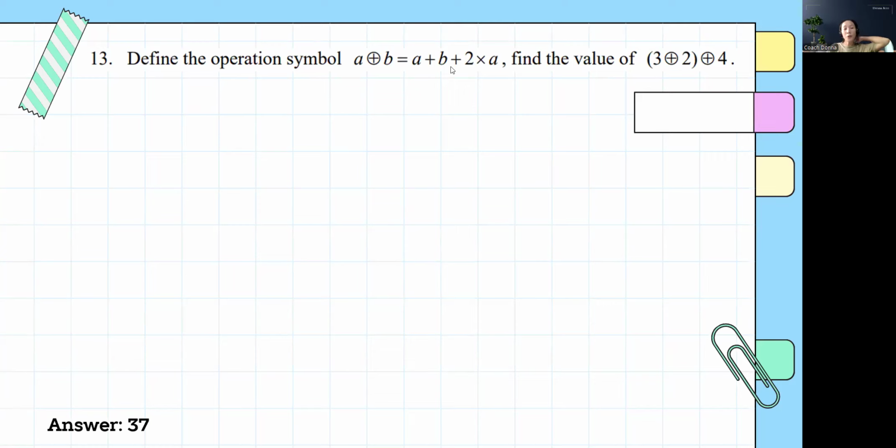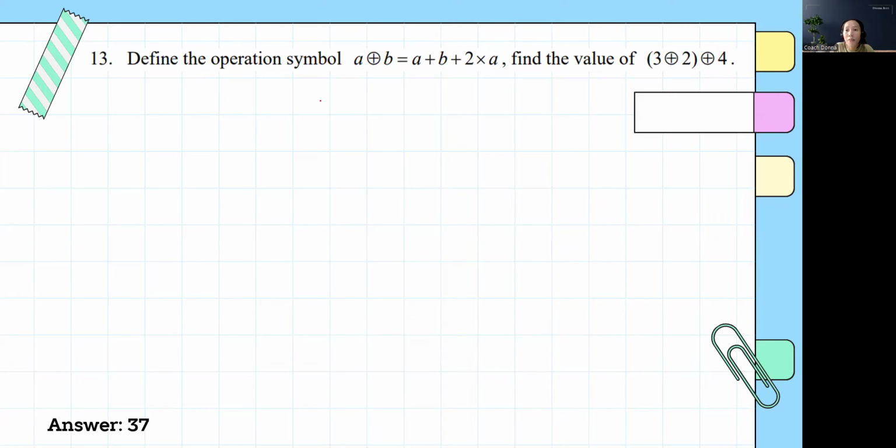Okay, so let's proceed. Define the operation symbol: A symbol B equals A plus B plus 2 times A. So that's what it means when we say that symbol. We need to add A and B and then add it to 2 times A. Let's do it step by step. Remember PEMDAS, the order of operations. When we have a parenthesis, we have to do it first.